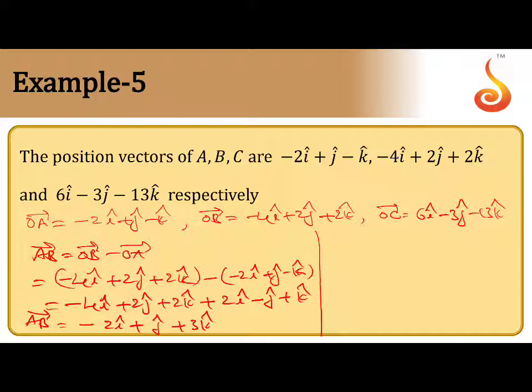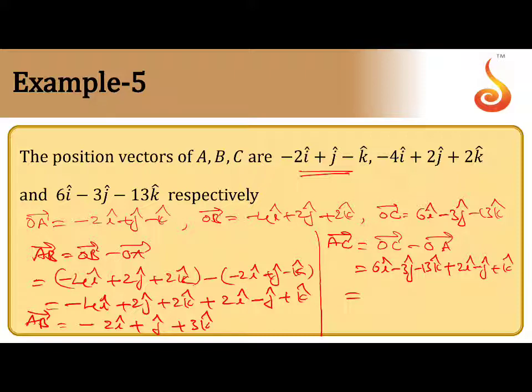In the same manner you can find the AC vector. AC is nothing but OC minus OA. OC is 6i - 3j - 13k, and minus of OA means you multiply with -(-2i + j - k), similar to what we did previously.